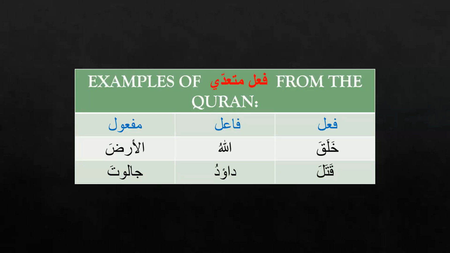Okay, so as I also told you, we learned two charts of the damir, the Rafa' damir and the Jar and Nasab form. The Jar and Nasab is the attached damir, and we can see that they are the damir muttasil and they are in the state of Nasab or Jar.